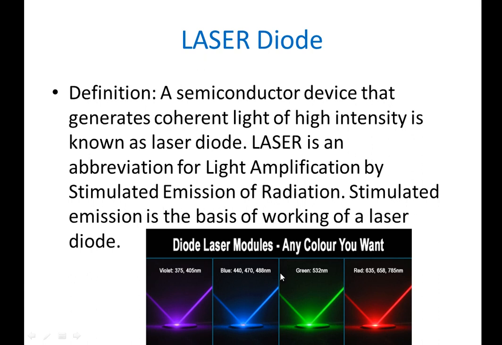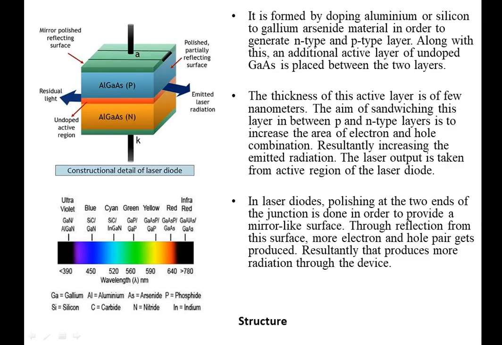Okay, the laser working. So this is the basic structure of the inside of a laser. A laser diode is a normal diode with an anode, P type and N type. This P type and N type material is formed by doping aluminum or silicon to gallium arsenide, because we are operating at high frequency. So gallium arsenide is doped with either aluminum or silicon to form N and P materials.